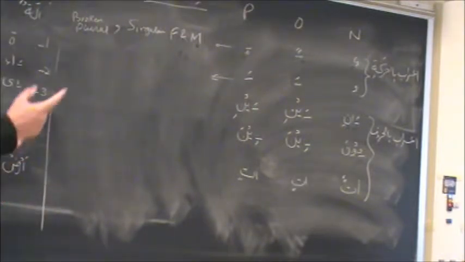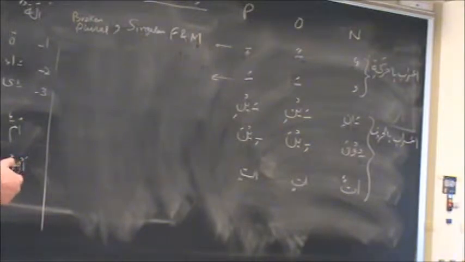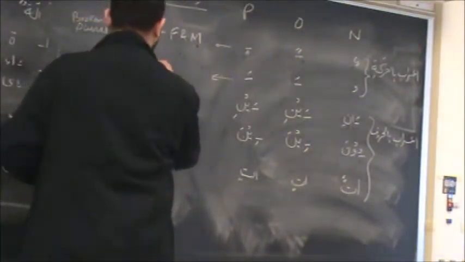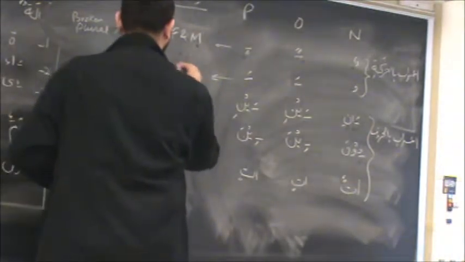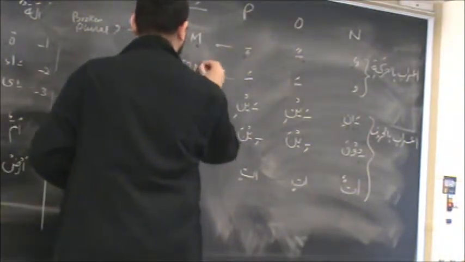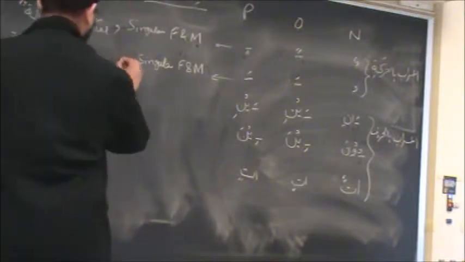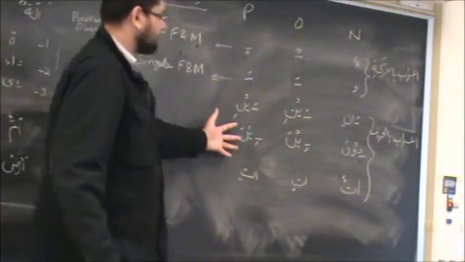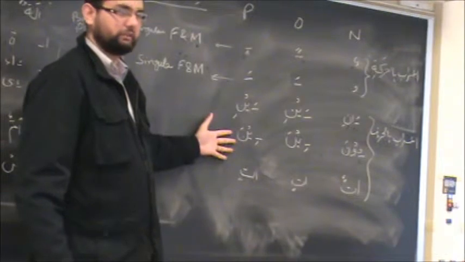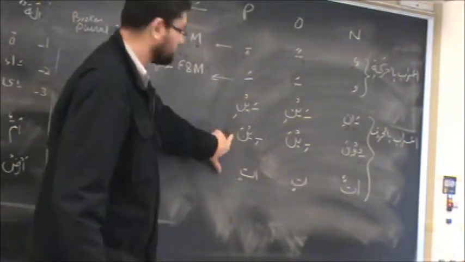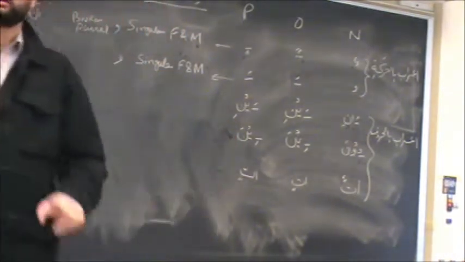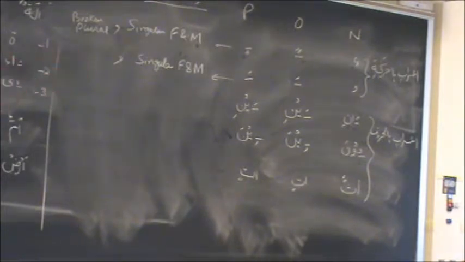And there are many other names. And so we can say that singular, feminine, and masculine both can have this i'rab, can be from this category. But about plural, we know that the complete plural cannot have this i'rab because they are either this or this, right? But broken plural can have this i'rab.